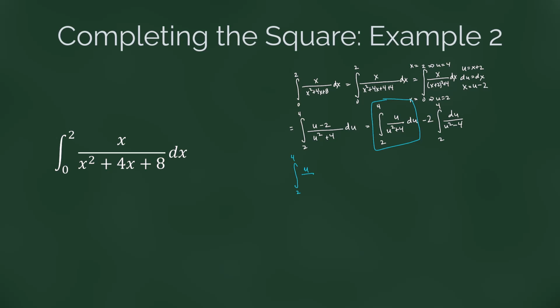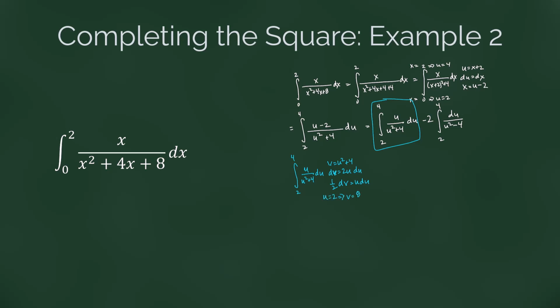So that integral is going to be the integral from 2 to 4 of u over u squared plus 4 du, which we see that the derivative of the denominator is in the numerator. So we'll let v be u squared plus 4 so that dv is going to be 2u du, which means that half of dv is equal to u du.